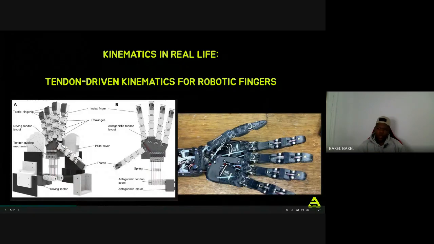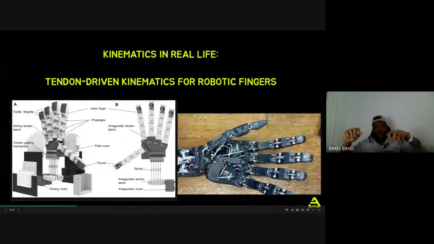For your robot arm, you basically need the motors at the joints to make the turn. But if you want to model a human hand or a palm, you don't have enough room for motors everywhere.